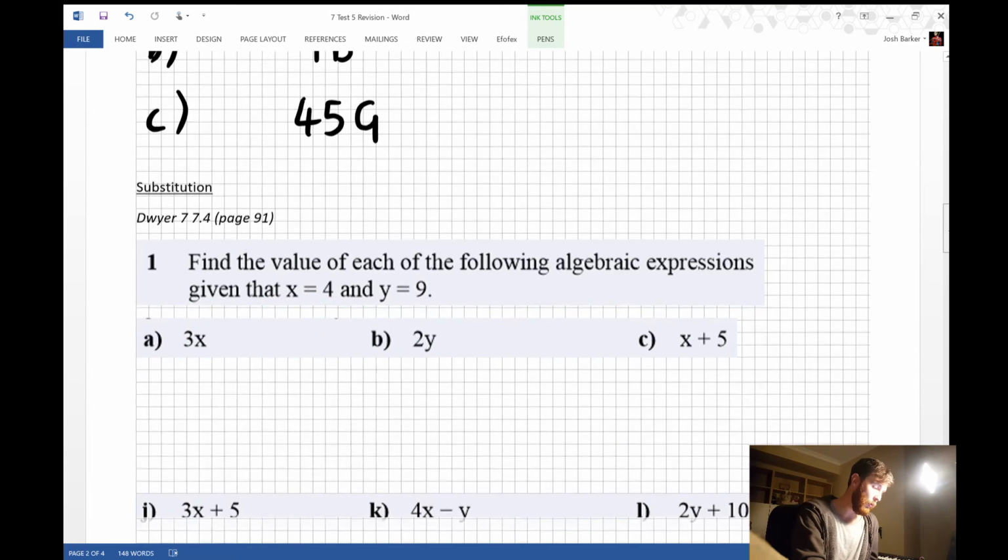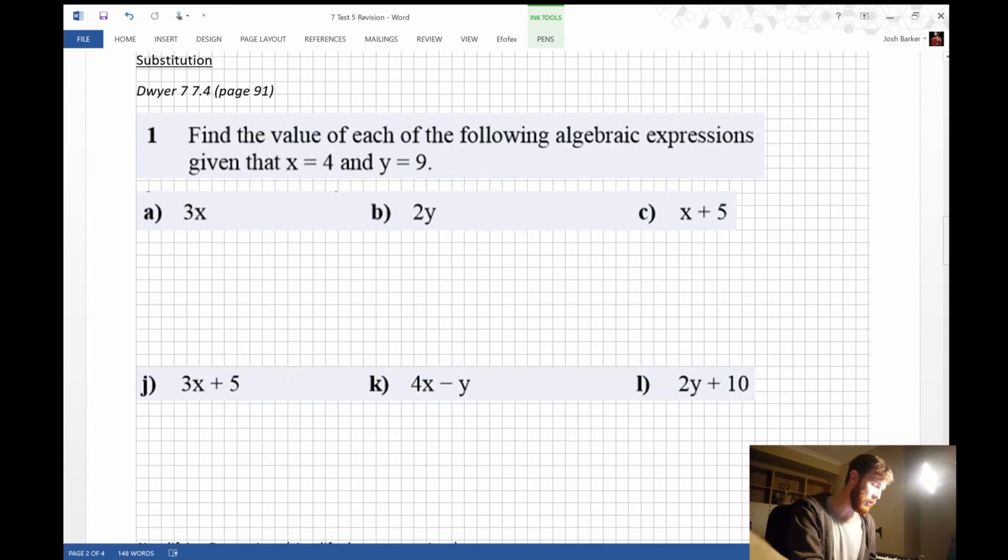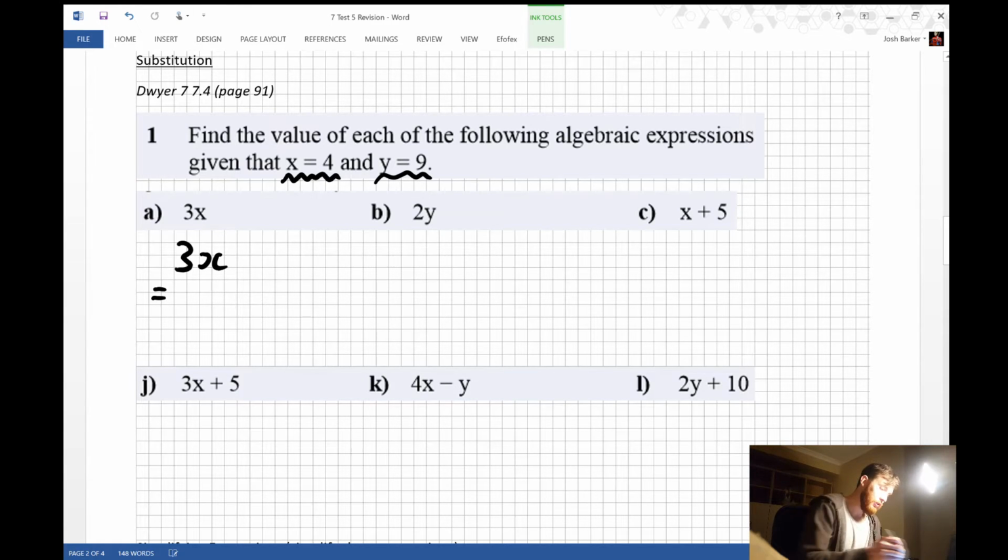Now in substitution, we're given an algebraic expression, but we're actually also told what the variable is standing in for as well. So for all of these questions here, x is always equal to 4 and y is always equal to 9. So first one, we've got the expression 3x, but we're told in this case that x is equal to 4.